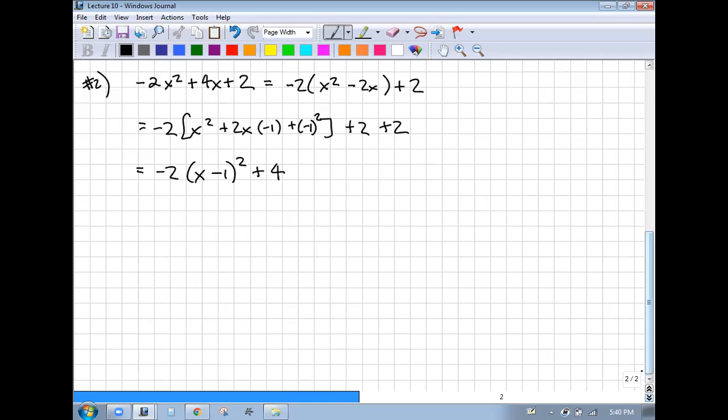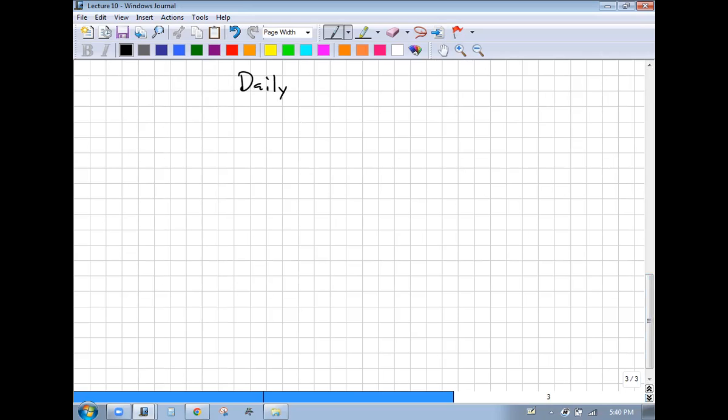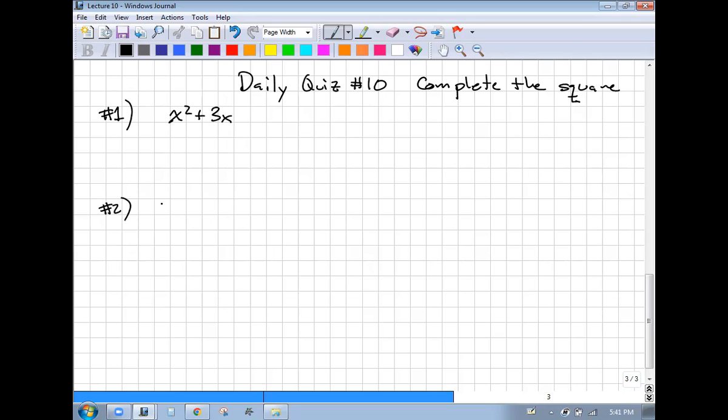So let's do quiz daily. Quiz number 10. Complete the square. We'll do number 1. Let's do x squared plus 3x. For 2, we'll do 2x squared plus 4x.